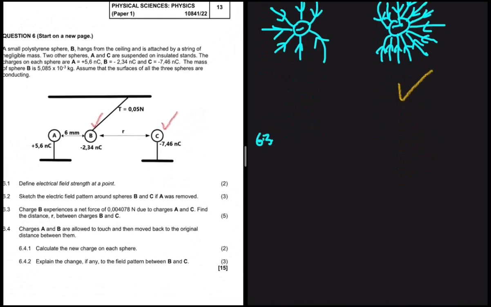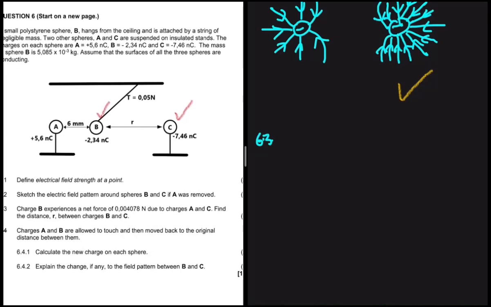Let's look at 6.3. 6.3 is saying that charge B experiences a net force of 0.004078 newtons due to charges A and C. Find the distance R between the charges B and C. Let's go ahead and do some conceptualization here.